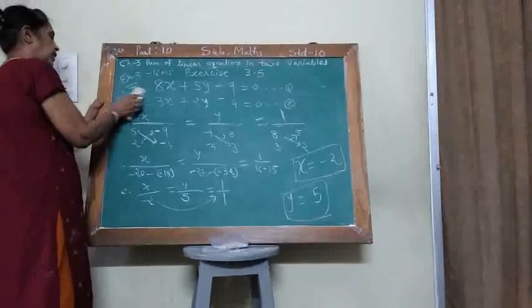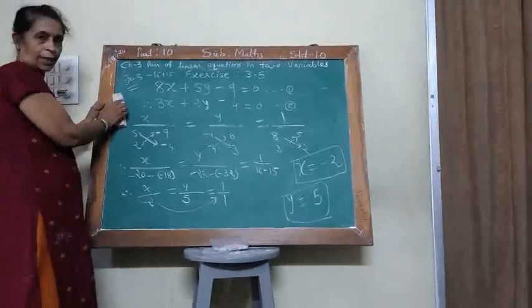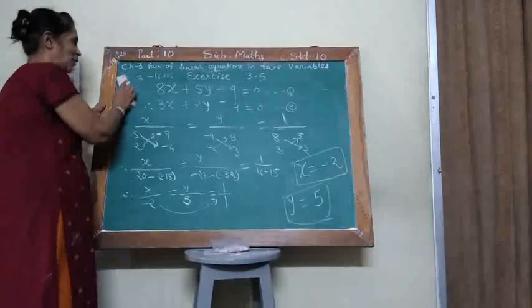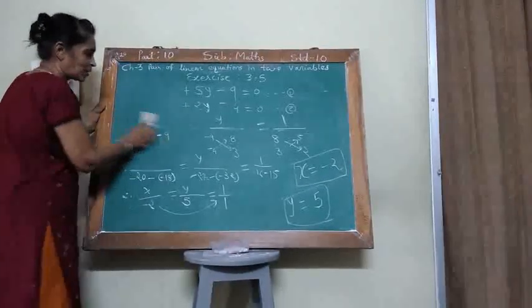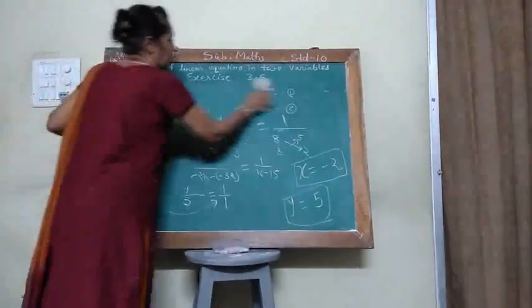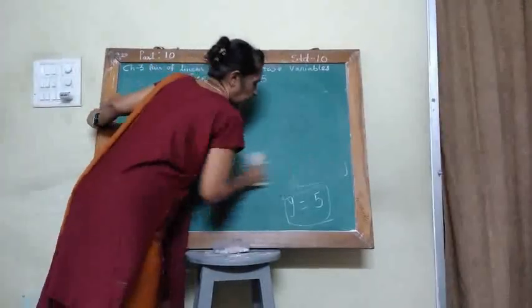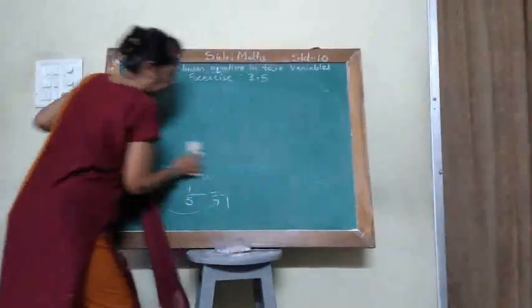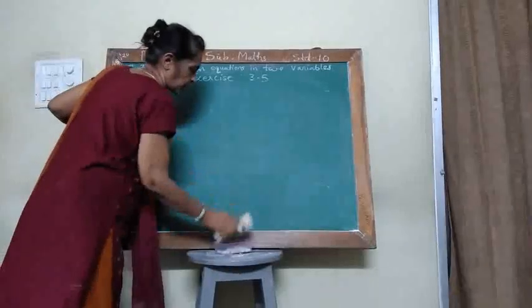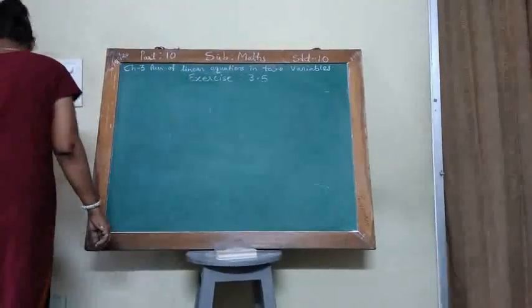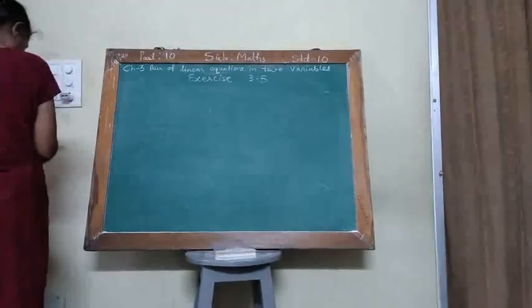So this answer is correct. Now you understand this. This way I have completed the third example of exercise 3.5, and I applied the cross multiplication method in example 3.